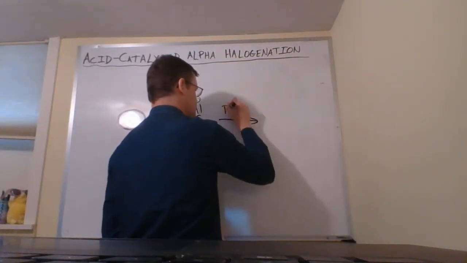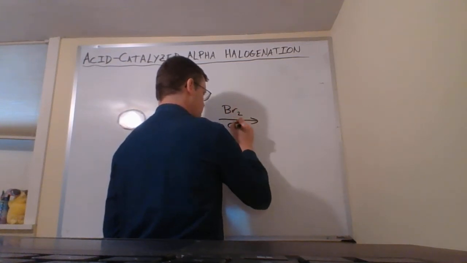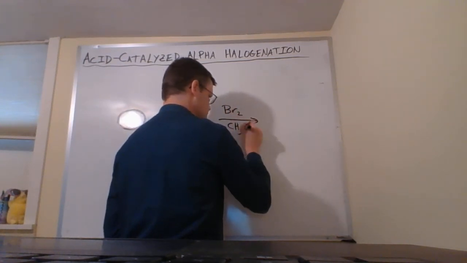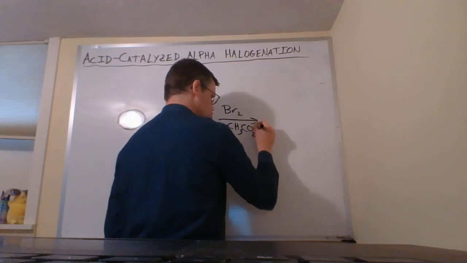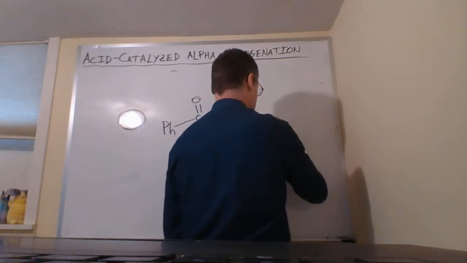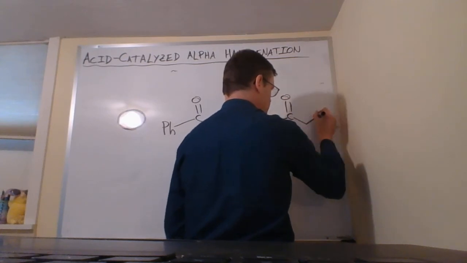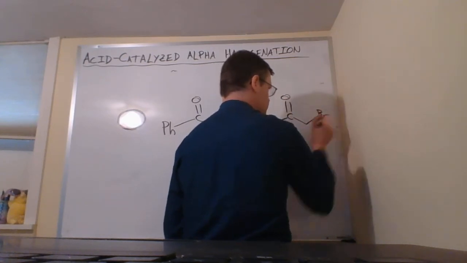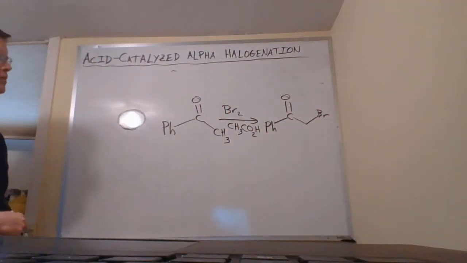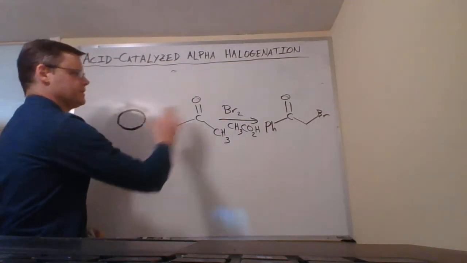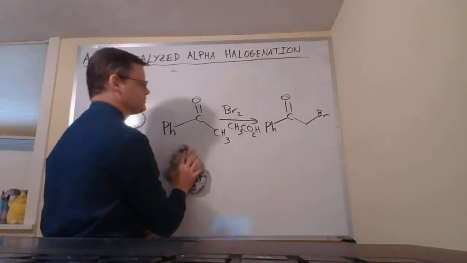We react that with Br2 and acetic acid, CH3CO2H. That would give me this alpha brominated ketone. Okay, so let's look at the mechanism of this reaction.